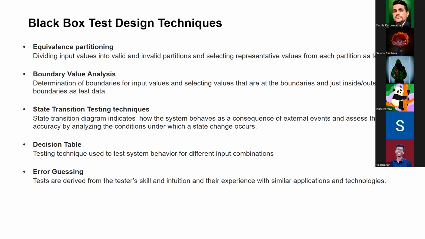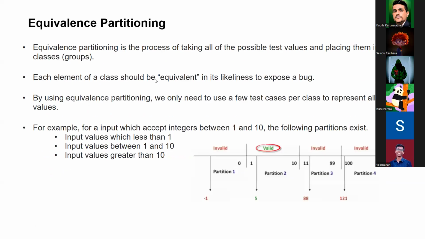One is equivalence partitioning. The other technique is boundary value analysis. The third one is state transition technique. The fourth one is decision table, and the fifth one is hierarchy. Let's see each of these one by one.